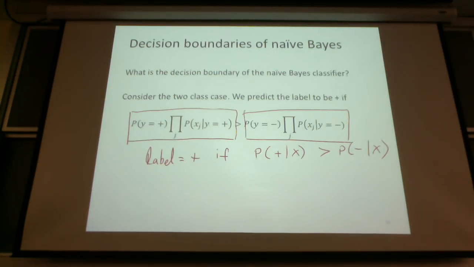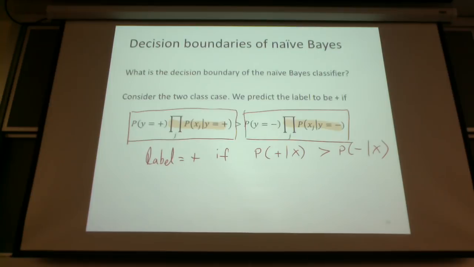Before I start manipulating this, are there questions about this? Notice that inside this, the naive Bayes assumption is sitting right here. That's the likelihood term. In both cases, those are the likelihoods. Okay, there are no questions.